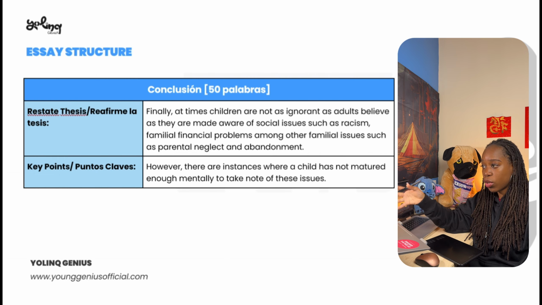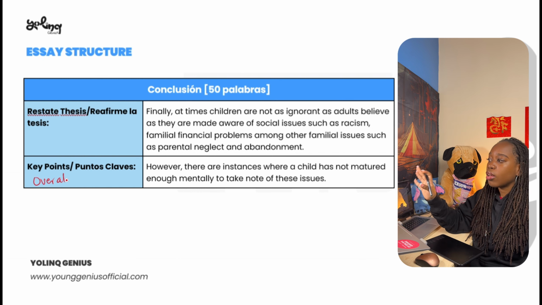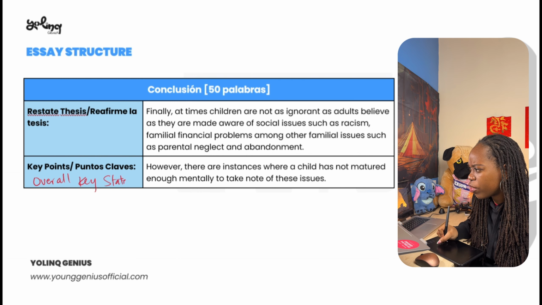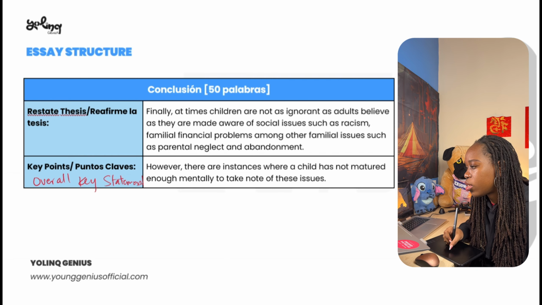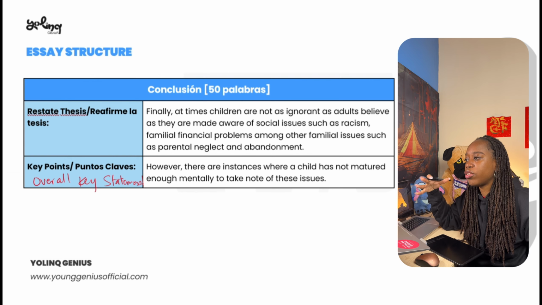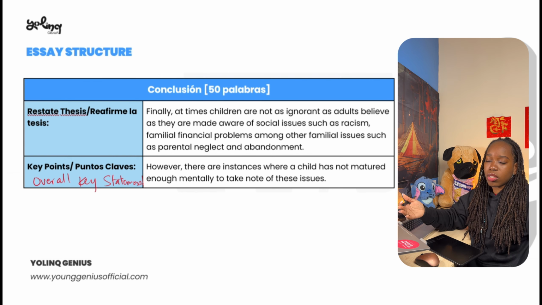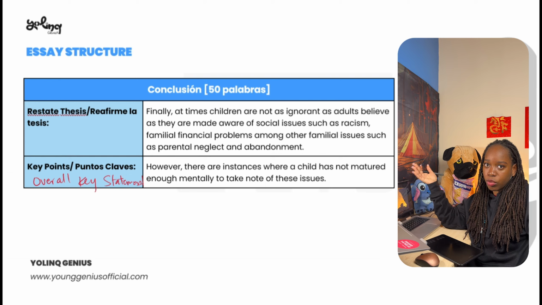However, there are instances, and this is where I actually just give our overall key statement, where I say, however, there are instances where a child has not matured enough mentally to take note of these issues, and that would have been supported through my analysis of Nenny, right? So that's how you want to approach your essay. So conclusion should be about 50 words, no more than that, less but no more.